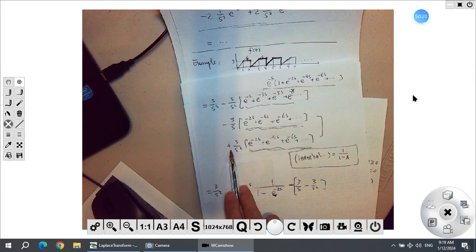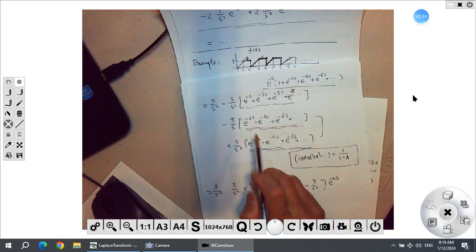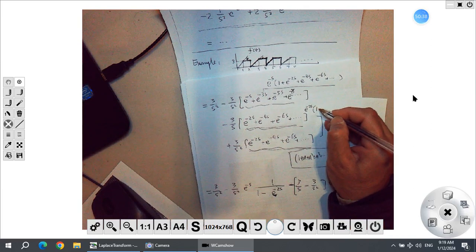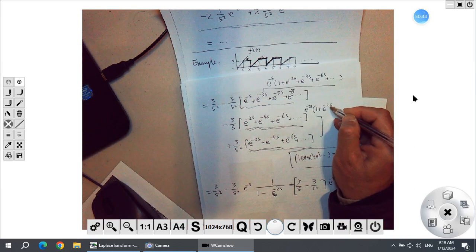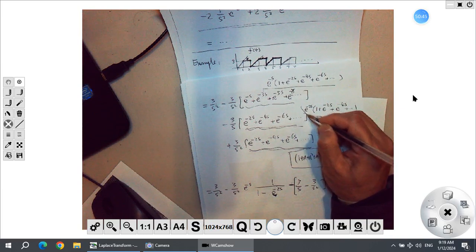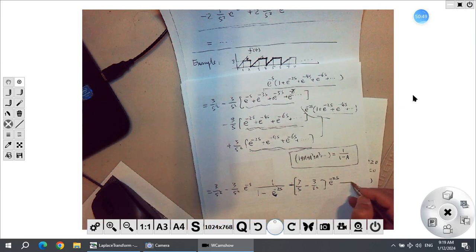And this part I move e to the negative 2s to the front. So this will be e to the negative 2s times 1 plus e to the negative 2s plus e to the negative 4s plus, and so on. Right. So this part is this again. So this is 1 minus e to the negative 2s in the denominator.